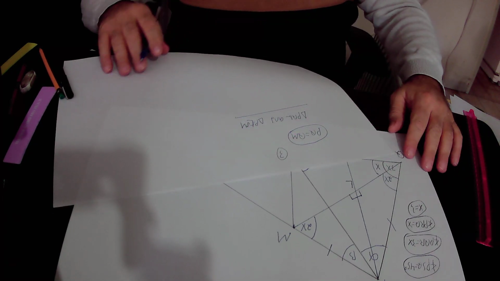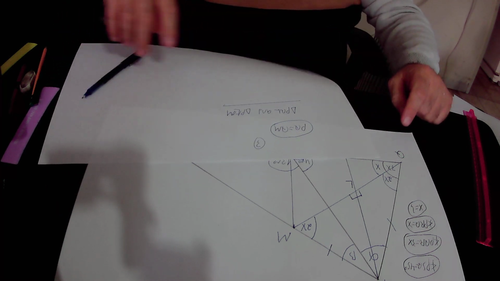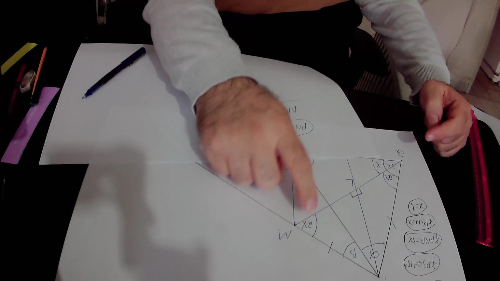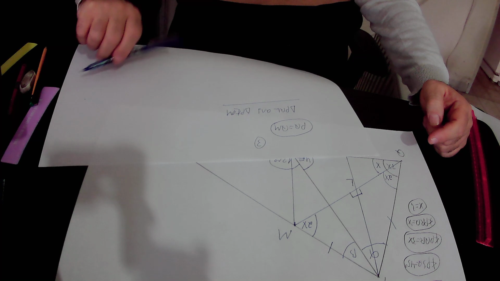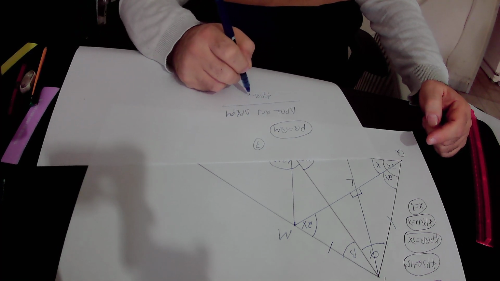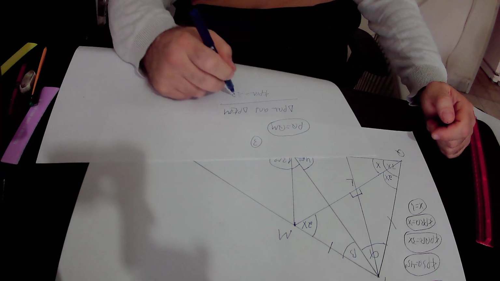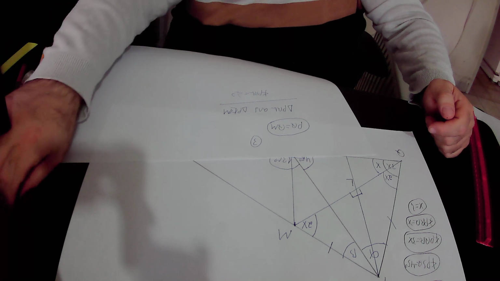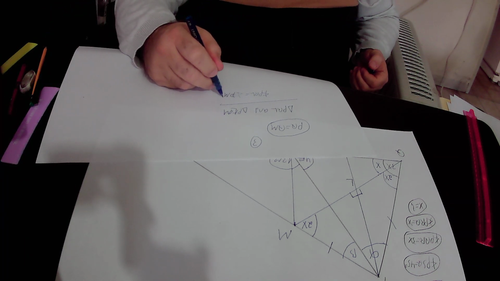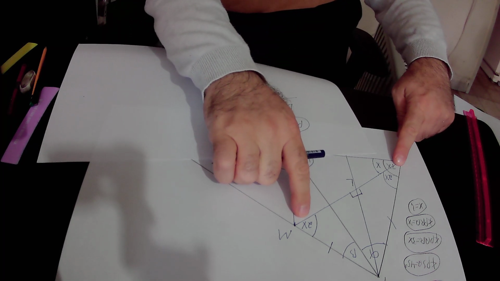In those two triangles, those two angles are equal. So angle PQL equals angle PML, and both those two angles are equal to 2x.